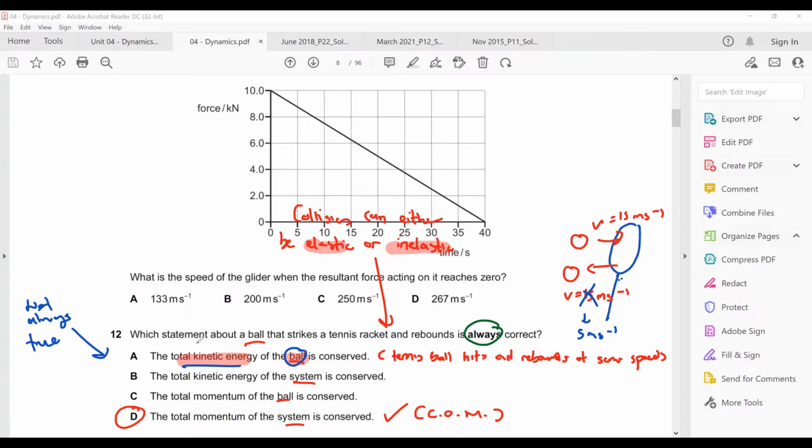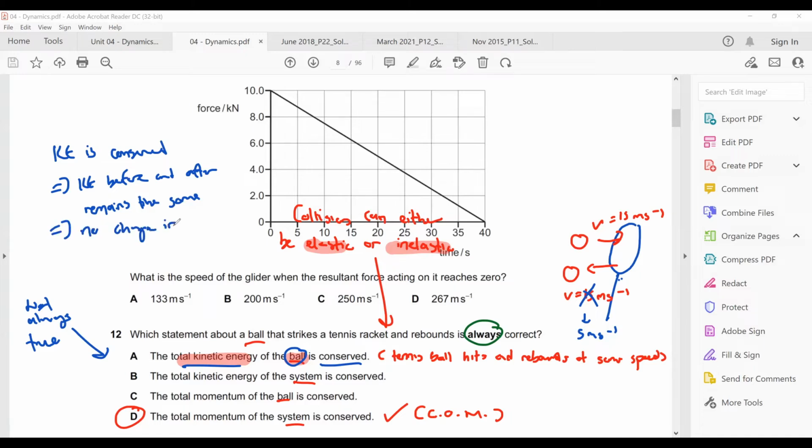Do you recall what I meant by KE being conserved? If you say that KE is conserved, it means KE before and after remains the same. In other words, no change in KE.